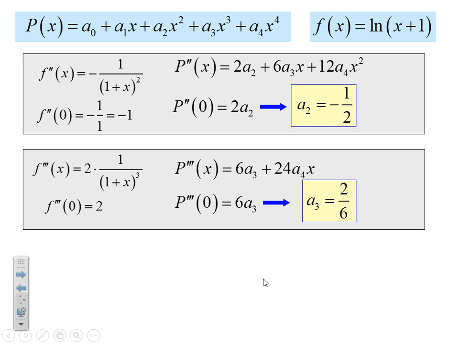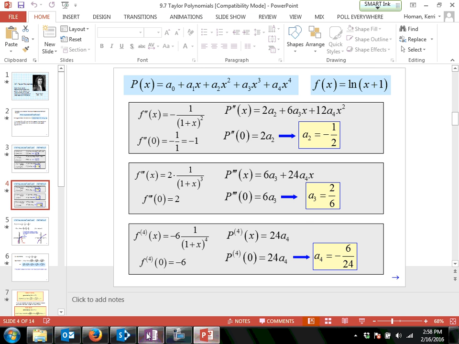Remember this is a constant, so when we plug in 0 here, the x term goes away. We're just left with this, and we want these to be equal. Therefore, the coefficient of x cubed is 2/6. Excuse me while I put this into Desmos.